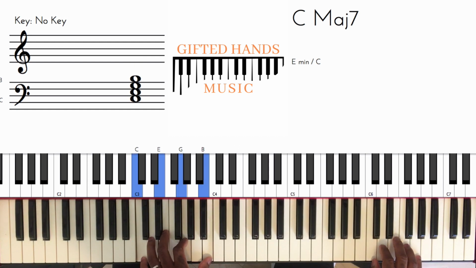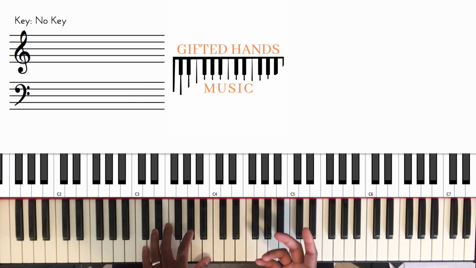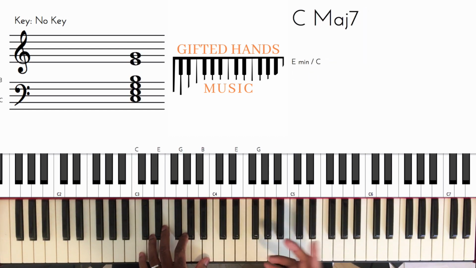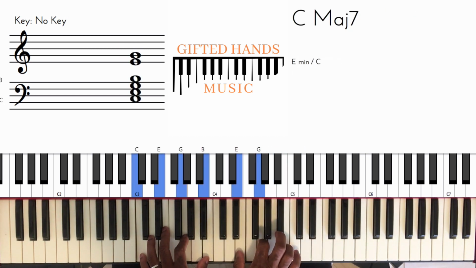Like you can do this over a C major 7. But what he did, instead of playing a simple run, was this. So he would take these movements or intervals of thirds and move them down and up.